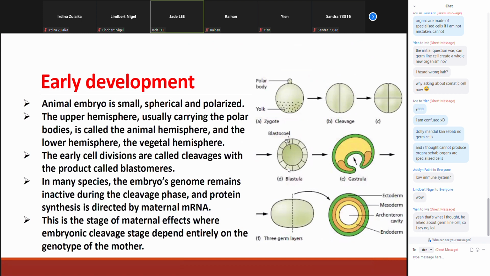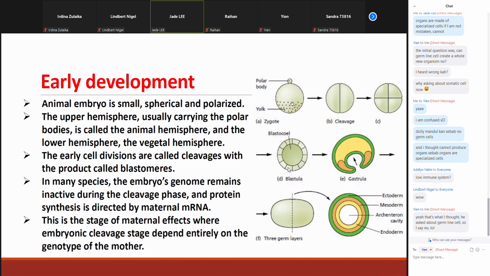So, early development. Let's look at early development. The animal egg is small, spherical and polarized, with an upper hemisphere which carries the polar bodies, called the animal hemisphere, and a lower hemisphere which we call the vegetal hemisphere.